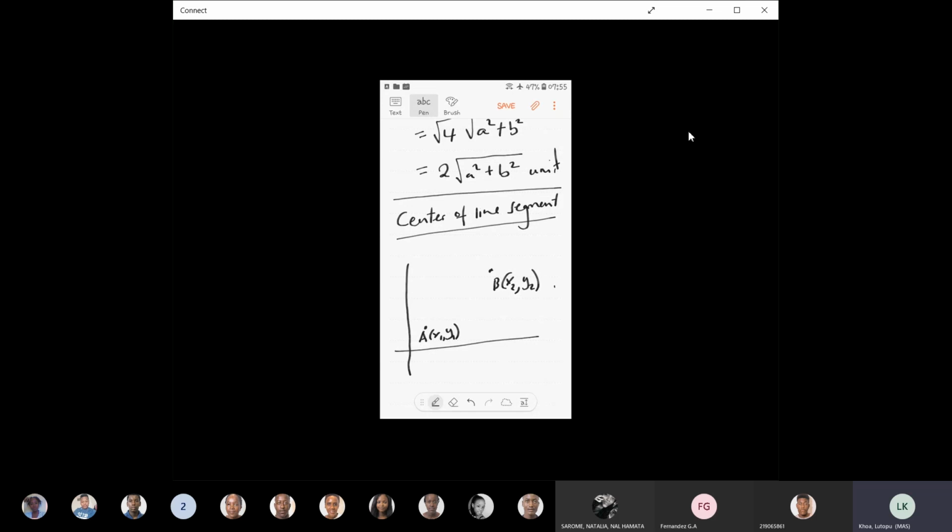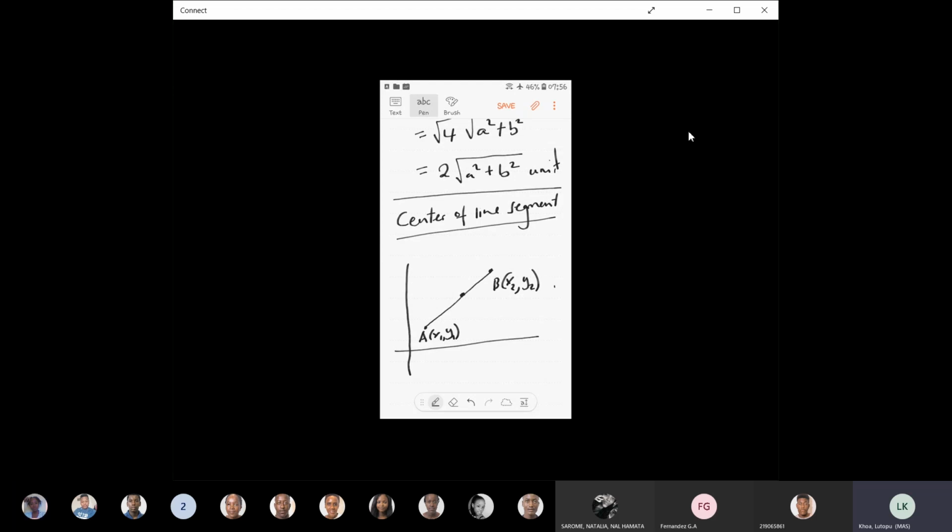Now you have a line segment that connects them. If you want to work out the point that is exactly halfway along the line segment AB, you want to work out its coordinates. Here you're working out the point, not the distance.